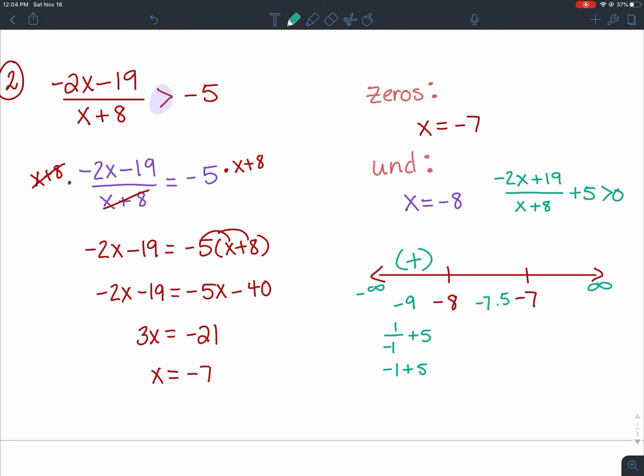I know that I get a positive on top, and I just want to use a calculator. Negative 7.5 times 2, negative 15 plus 19, divided by negative 7.5 plus 8, which is 1/2. So negative 15 plus 19 divided by 1/2 is 8 plus 5. So that's positive.